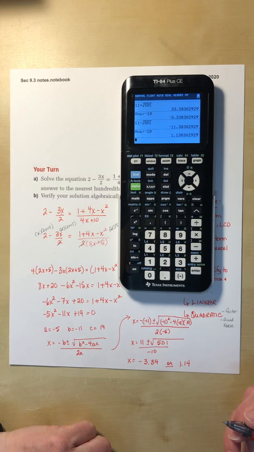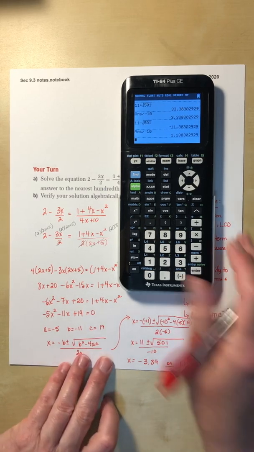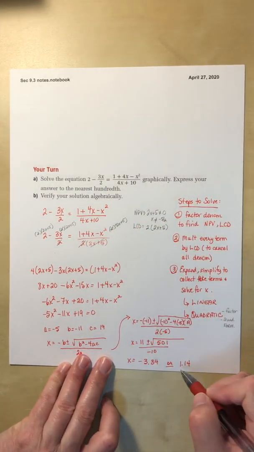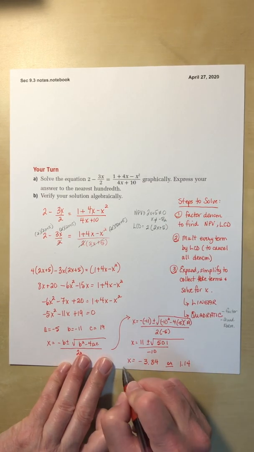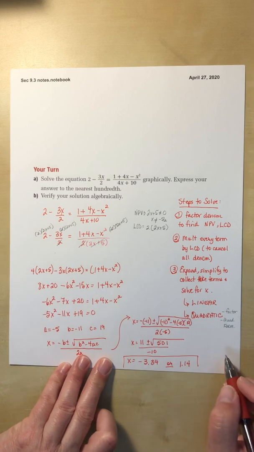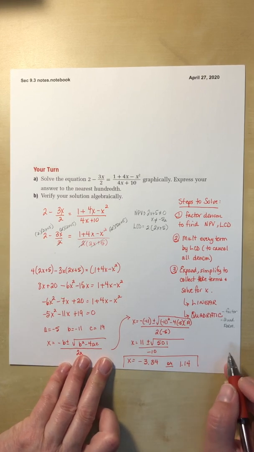We end up with two solutions, and in this particular case, there's again no conflict with our non-permissible values, and so therefore I believe we have two good solutions.